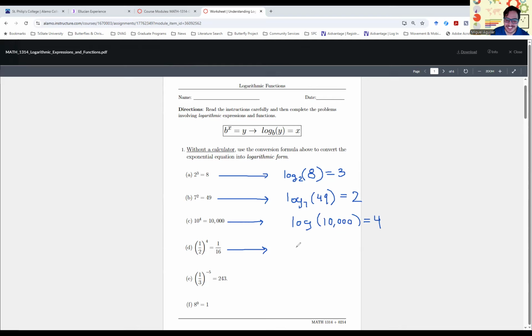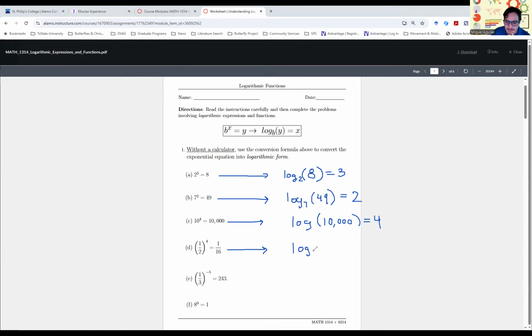Gina, do you think you got this one? Log base 4. No, it's not even 4. What's the base?